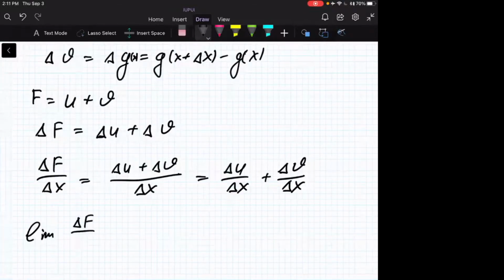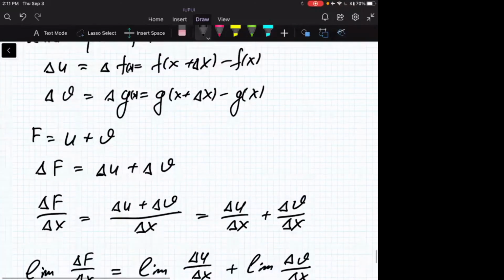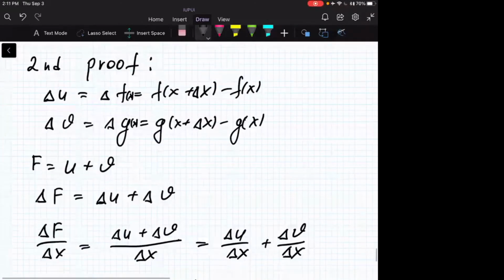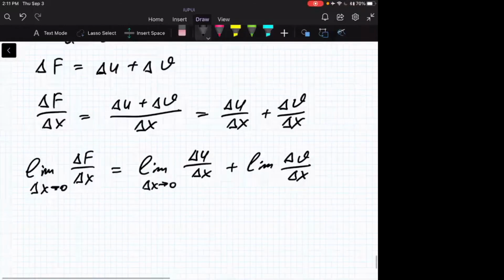And finally, the limit of this when delta x goes to 0 is the limit of delta u over delta x plus the limit of delta v over delta x. So basically we did the same story, but this is more compact notation using deltas, and in some sense it's better.